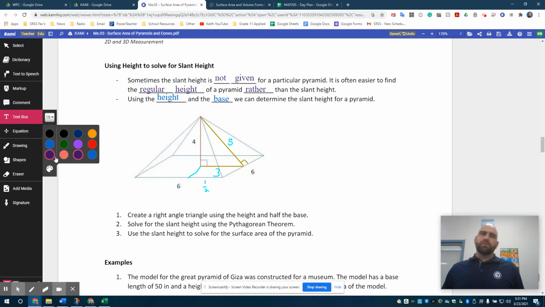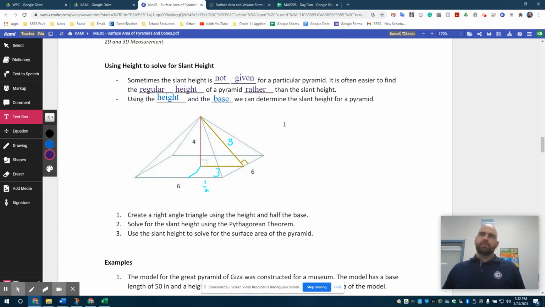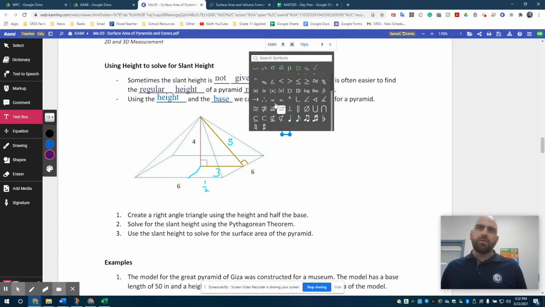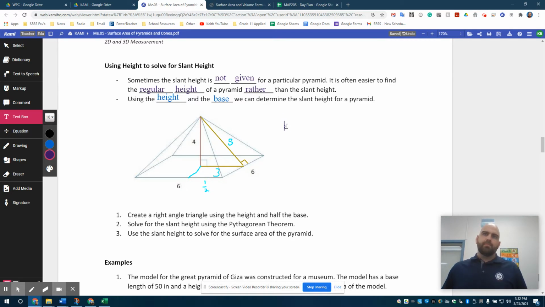How do we do that? Well, we start off using the Pythagorean Theorem: a squared plus b squared is equal to c squared.